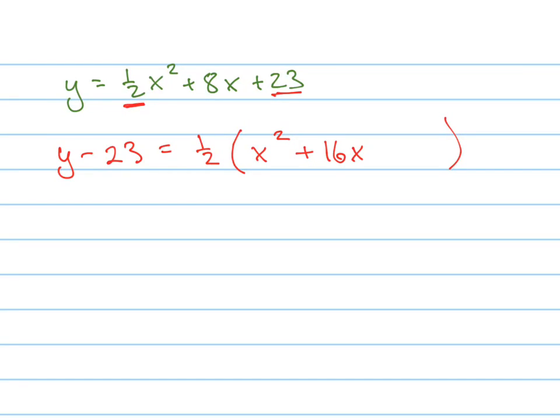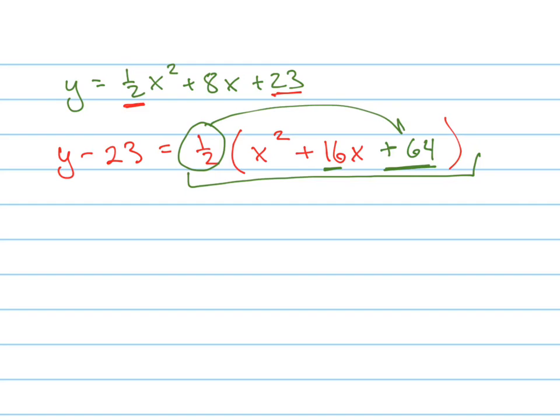Remember what I showed you before? You're going to have to add half of this squared. So that'll be 8 times 8, 64. I'm going to add 64, but am I really adding 64 to this side of the equation? No. I'm actually adding half of 64.